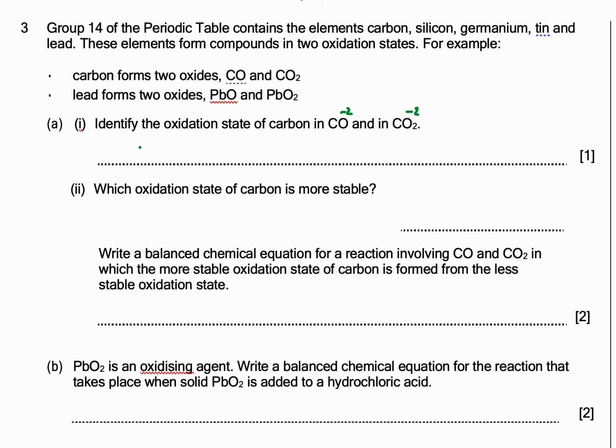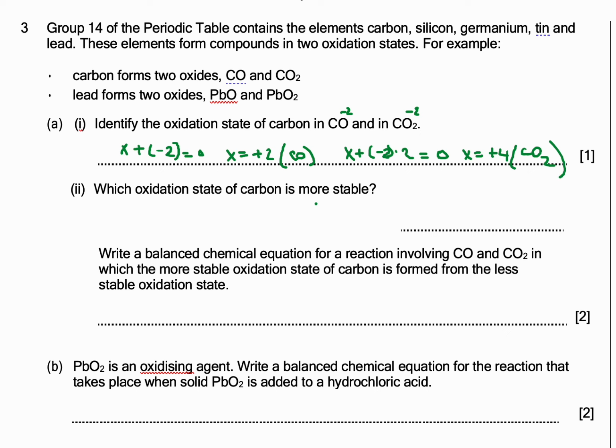In the first case, carbon monoxide, X plus -2 equals 0, so we get X equals +2 in carbon monoxide. In carbon dioxide, X plus -2 multiplied by 2, why 2? Because here we have 2 atoms of oxygen, equals 0. Here you get X equals +4 for the carbon in carbon dioxide.